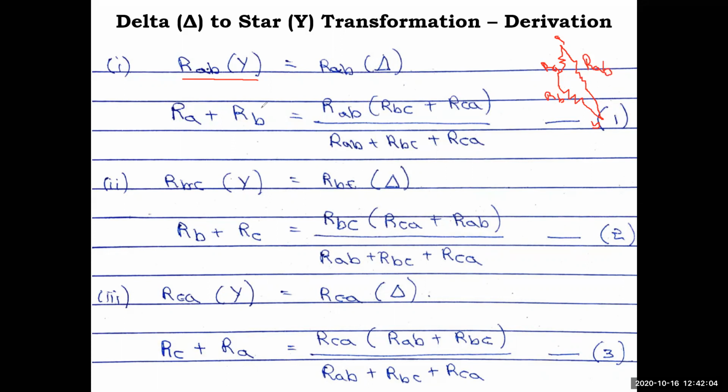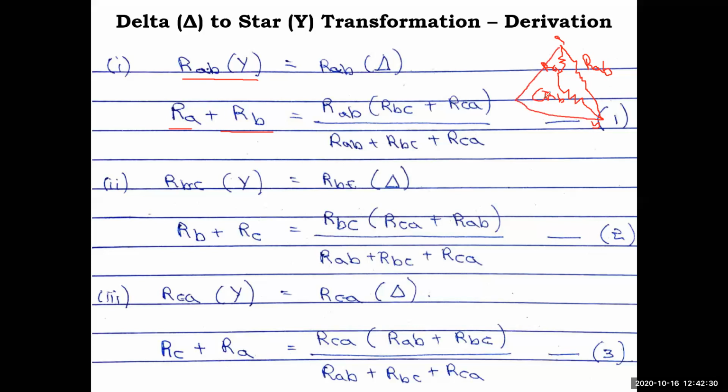Based on that, the first set of equation we are writing is RA plus RB is equal to RAB into RBC plus RCA, because here we have removed this RC, right? It is open circuit, so in the delta network this formation becomes series.